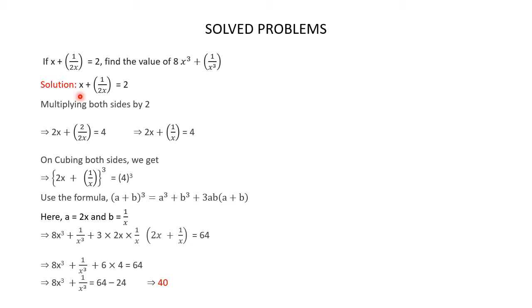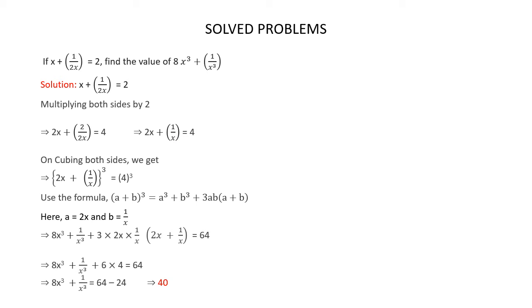So when you multiply x plus 1 by 2x with 2, you will get 2x plus 2 by 2x is equal to 4. 4 is nothing but 2 multiplied by 2. This 2 and 2 gets cancelled out. So now you have 2x plus 1 by x is equal to 4.